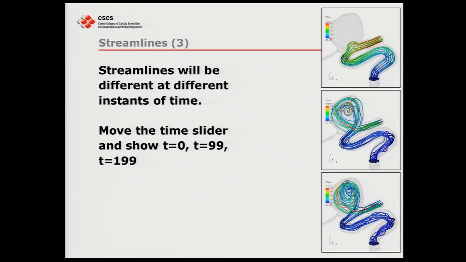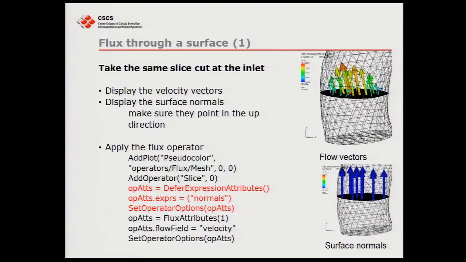Now, the true behavior of this is a transient evolution of the flow, so we should be calculating pathlines instead. And it's not much more difficult, but perhaps I'm skipping a fundamental step here.